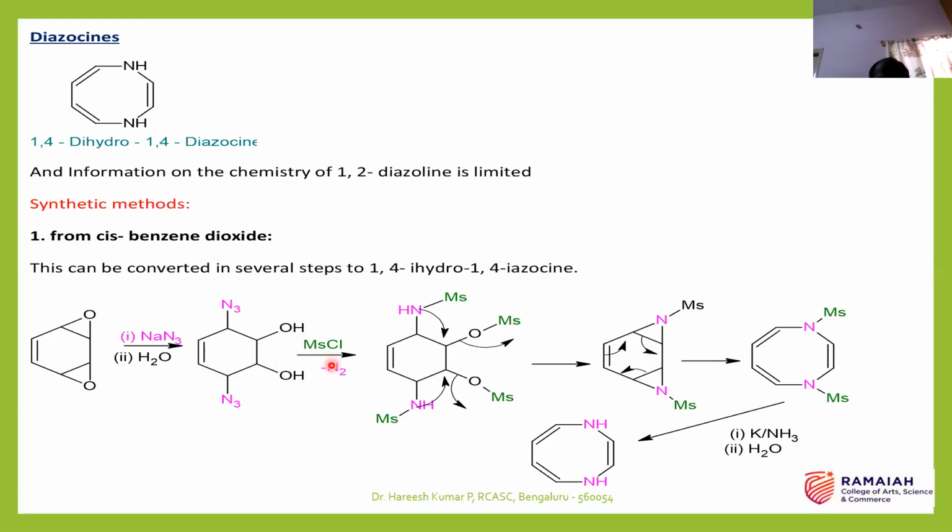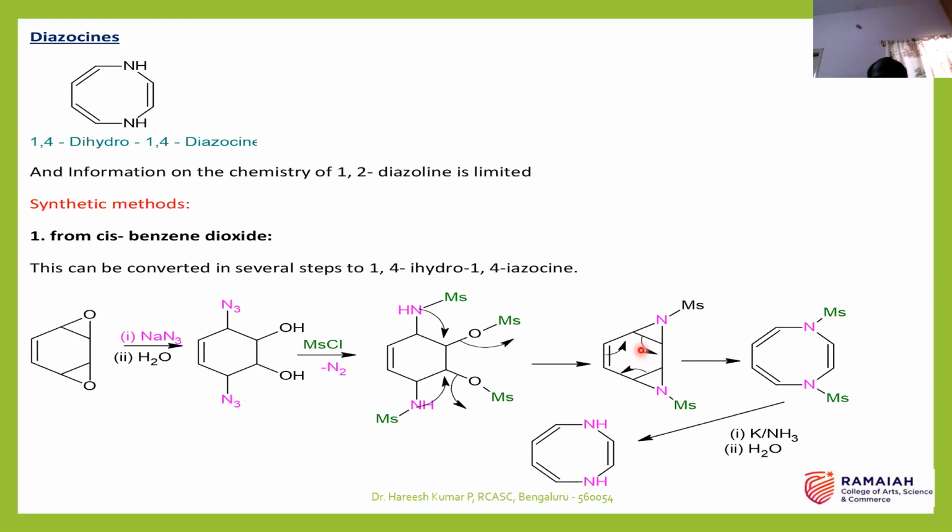And this is about the most probable mechanism for the conversion of cis benzene dioxide into a 1,4-diazocine compound. Okay, so what will happen here? This bond pair is coming over here, this will go to here, this will come to here.